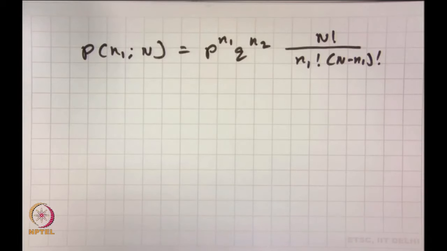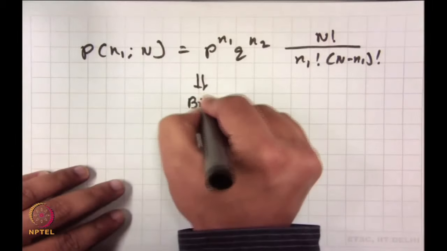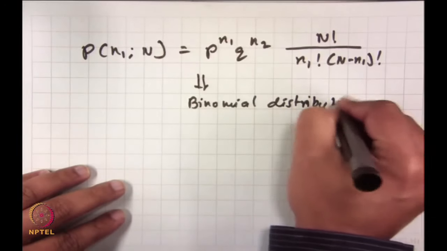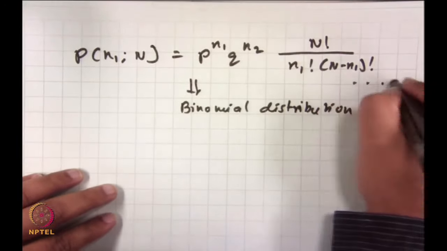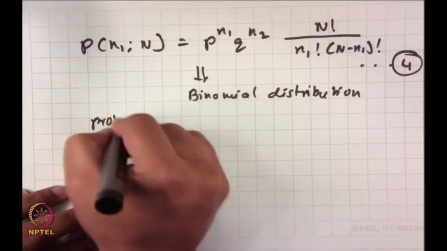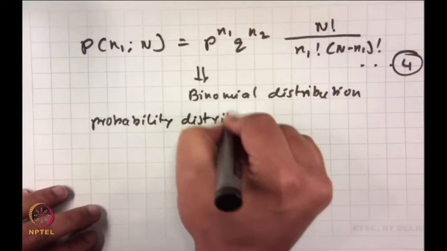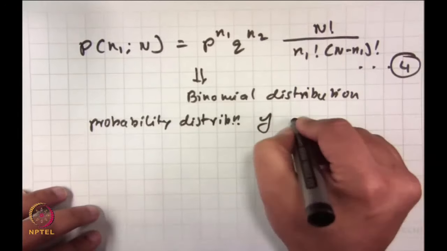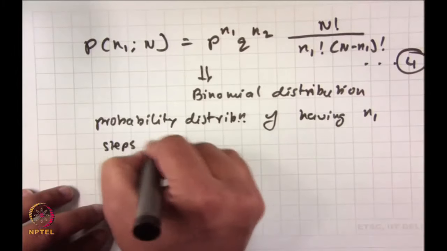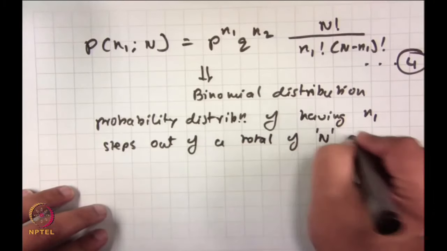I can select them at random. So this is your binomial distribution, and let this be equation 4. This is the probability distribution of having n1 steps out of a total of N steps.